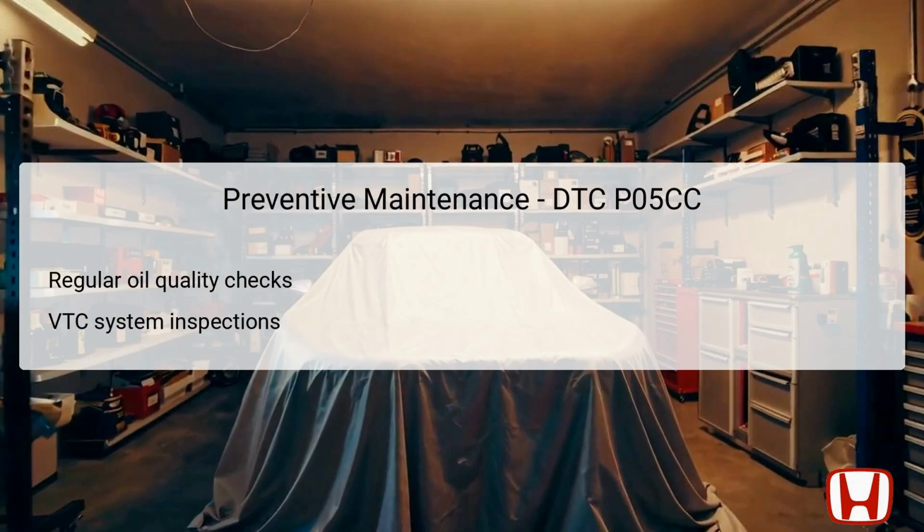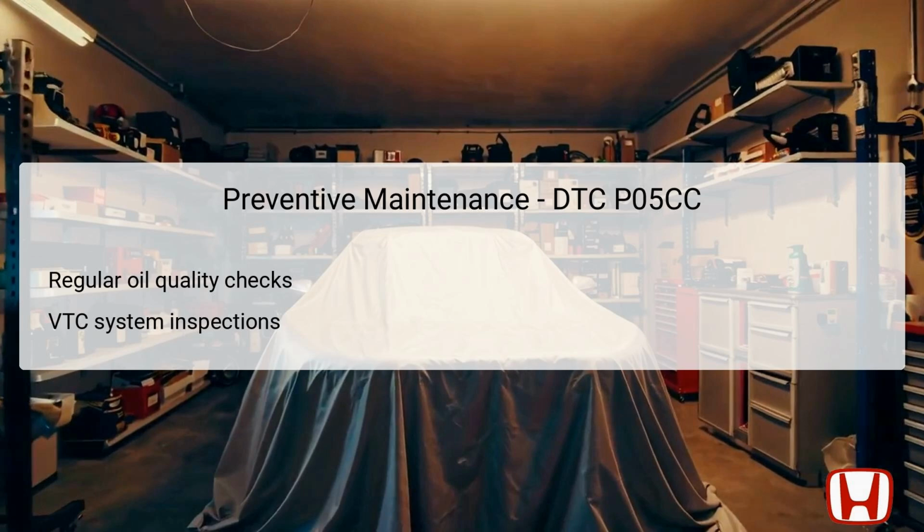Preventive maintenance is key to ensuring the longevity and functionality of the VTC system in Honda Accords. Regularly checking the quality of engine oil is essential, as low oil pressure can lead to systemic failures in the VTC. Ensure that the oil is changed per manufacturer recommendations, as using high-quality oil will help maintain optimal engine performance.